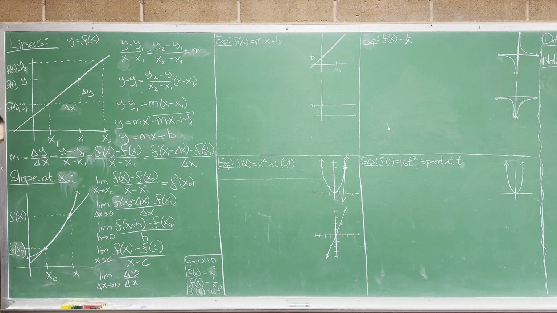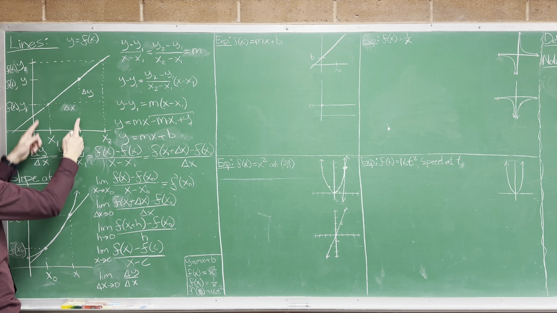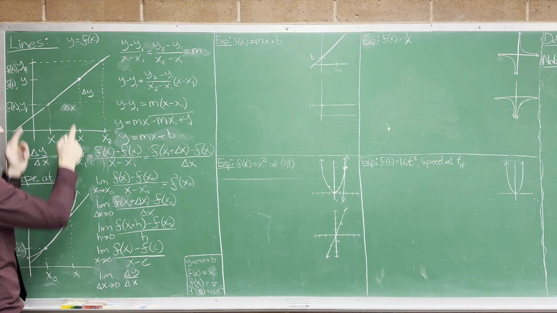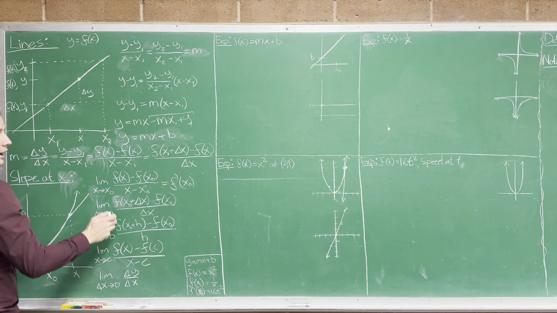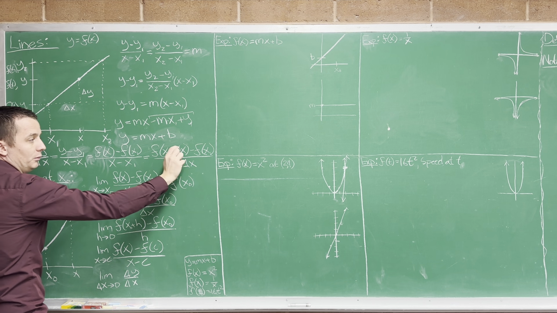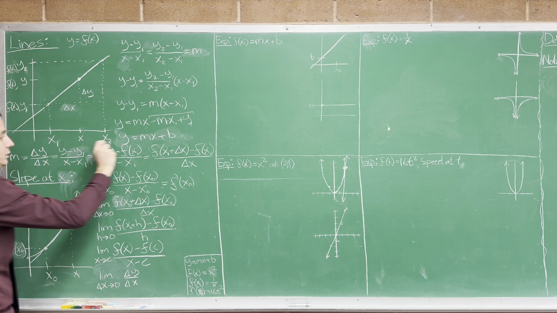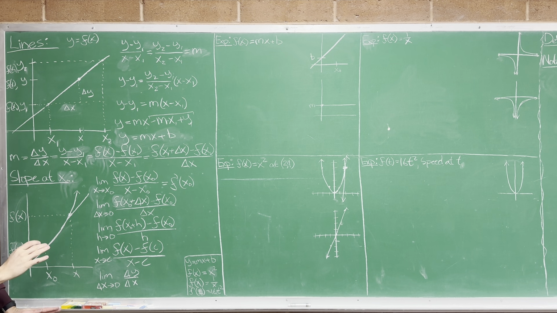And x minus x1 is obviously the same thing as delta x. X minus our ending point minus our starting point gives us our distance. So replace x minus x1 with delta x, and so we get f of x1 plus delta x minus f of x1. These are all different ways of just writing the slope. Wouldn't it be displacement, not distance? In this case, they're both the same.